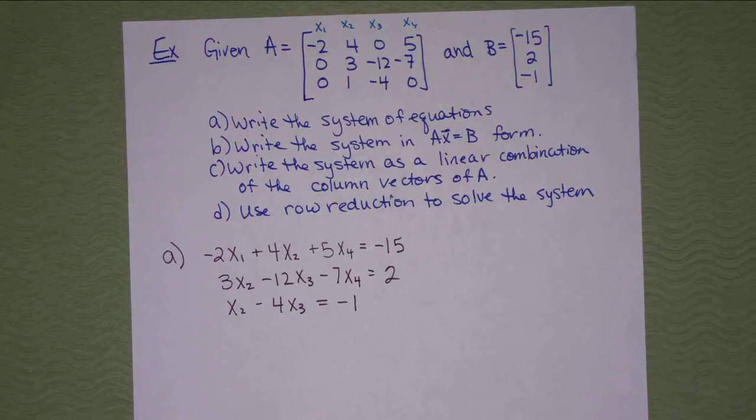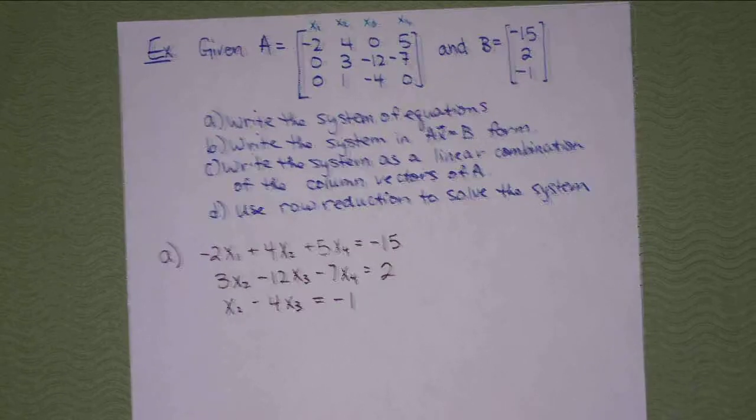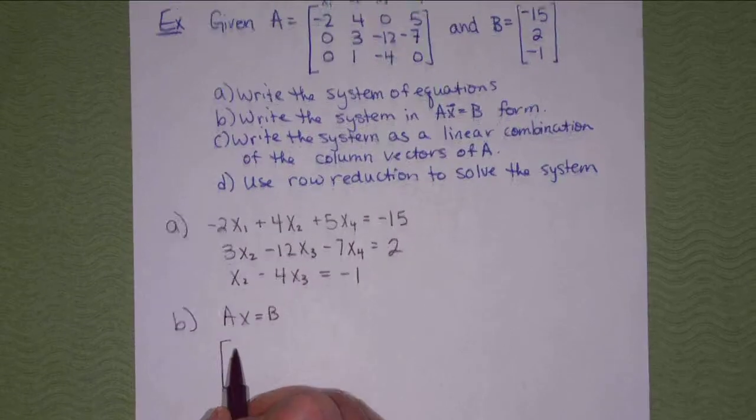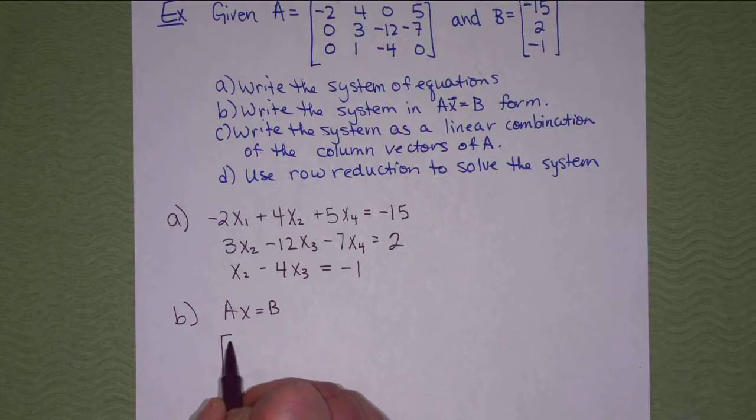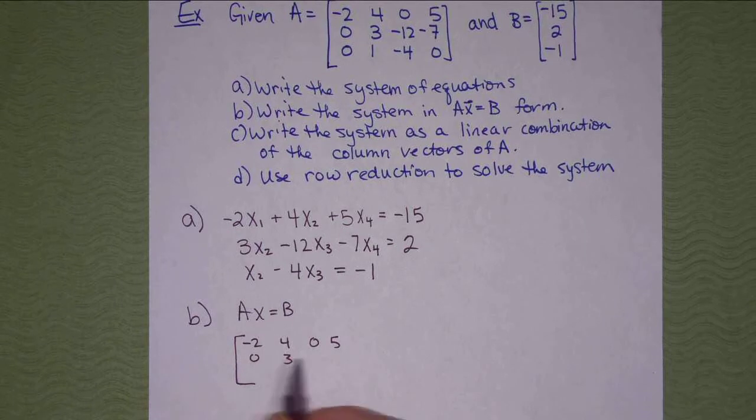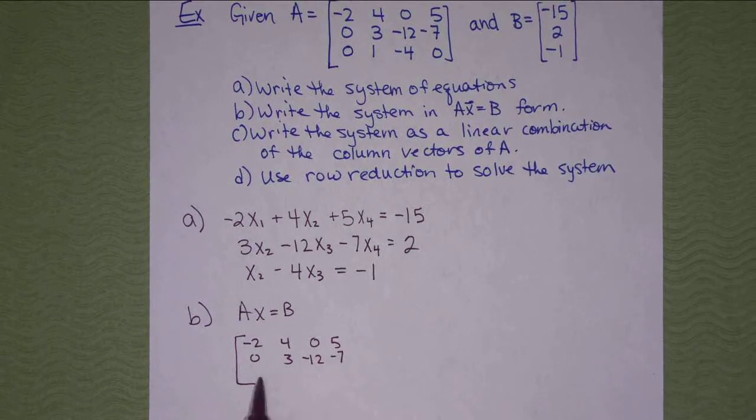B is also write out the system, but it's asking for it in AX equals B form, so what would that look like? Minus 2, 4, 0, 5. Okay. X are variables.